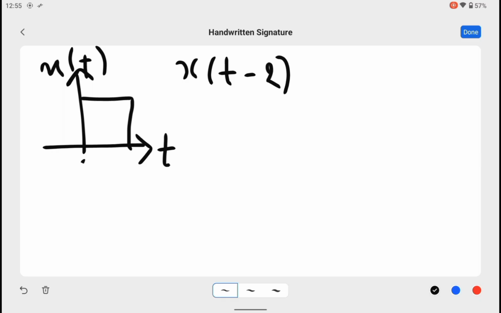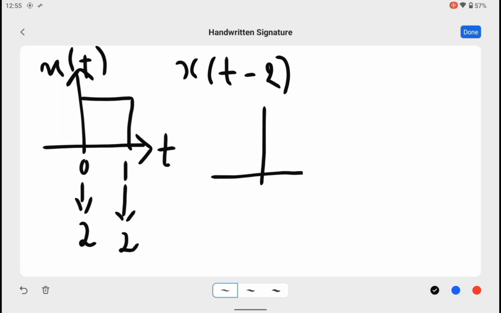Let us assume that the time period of the signal is between 0 and 1. Here for the 0, I'm going to add a 2 along with it, and for the 1 also I'm going to add a 2 along with it. In that case, 0 plus 2 will become 2. So the value which was at 0 has now moved to the second time period.